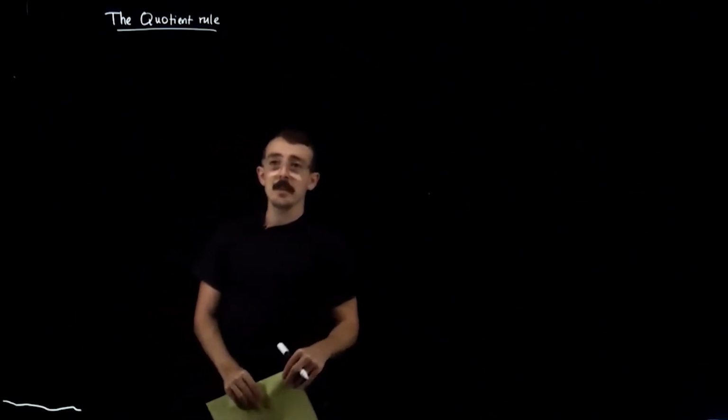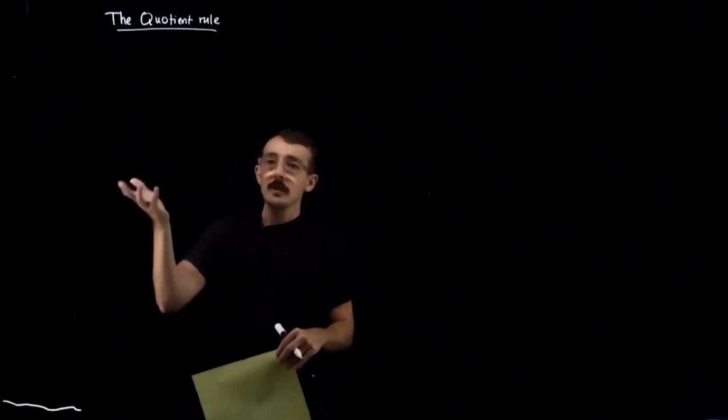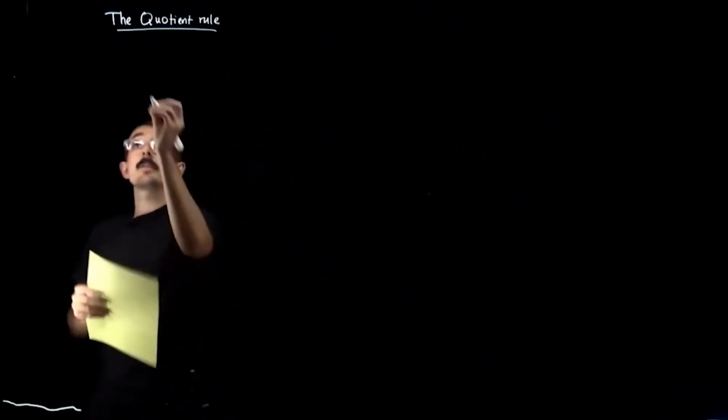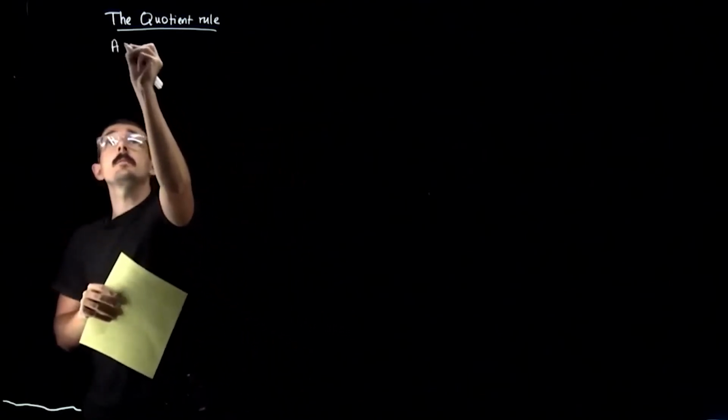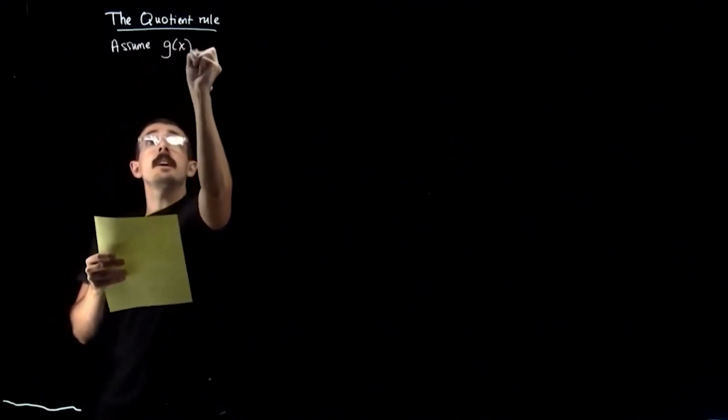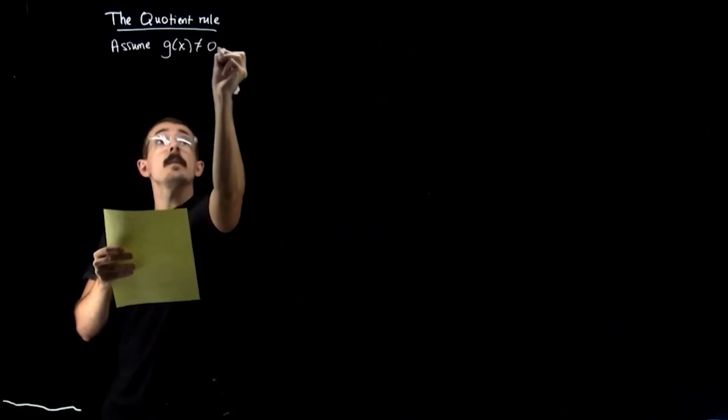OK, so we've covered the product rule, and now the quotient rule is the other one we're going to go over in this video. So let me go ahead and give you this rule. So we're going to assume that g of x is not equal to 0.